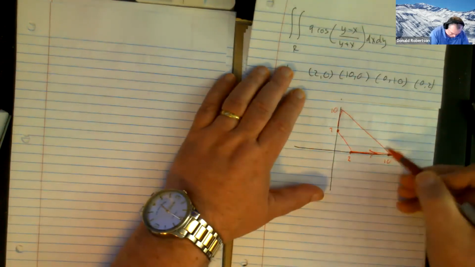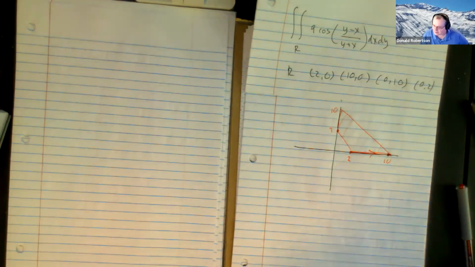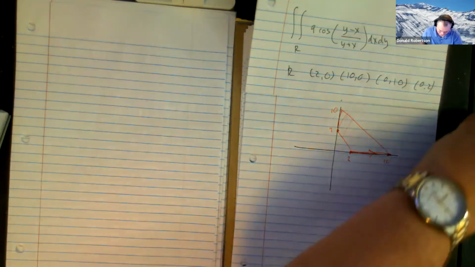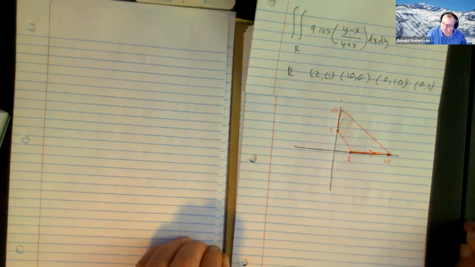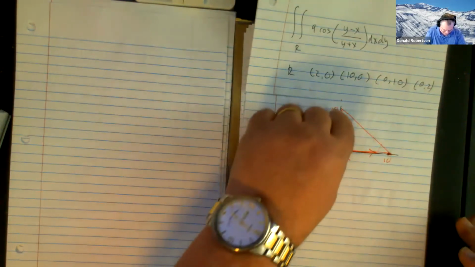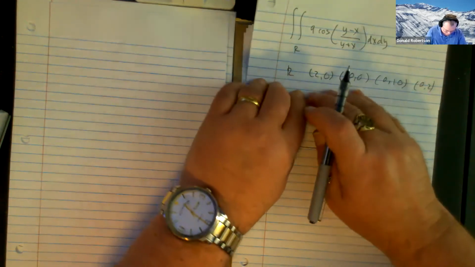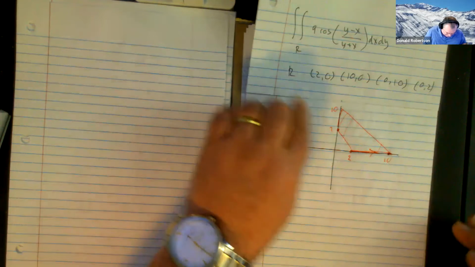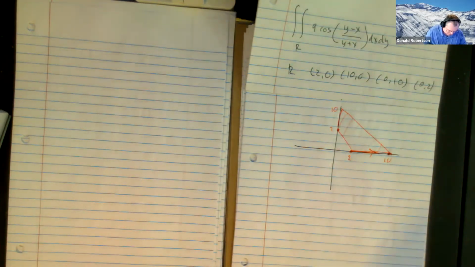There, can you see the region R now? So far, so good. Right, now, we are going to take this region and we are going to find out what the equations are. But before I do that, I need to know a U and I need to know a V.